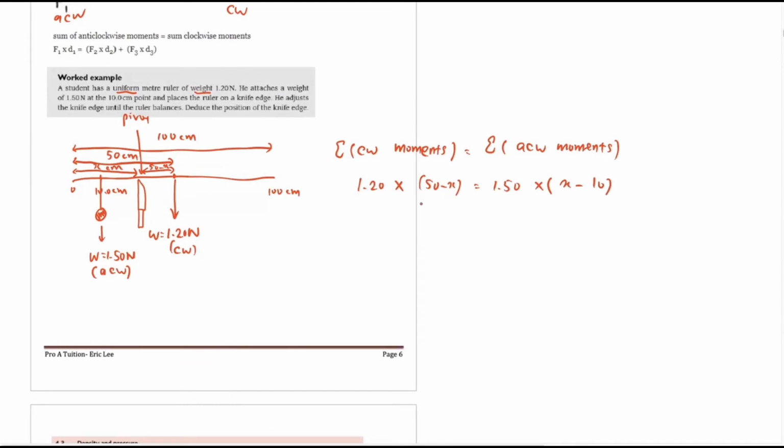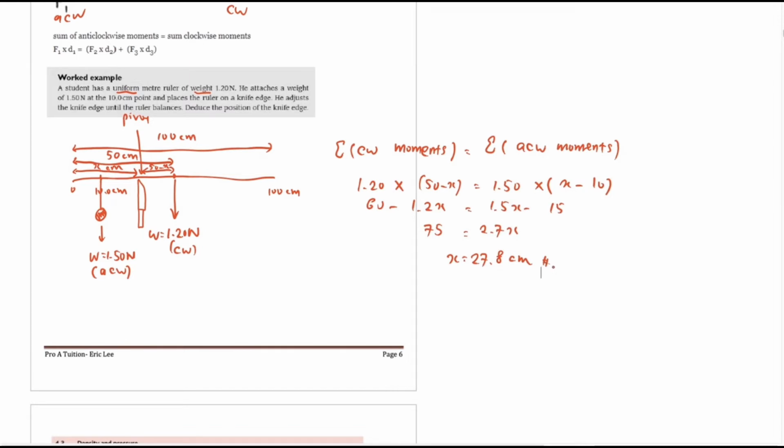Then we just solve the equation. 1.2 times 50 is 60, minus 1.2x, equals 1.5x minus 15. Then 75 equals 2.7x, and we can get x, 27.8 cm.